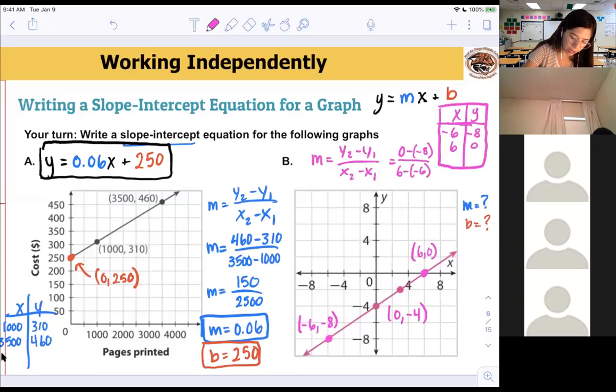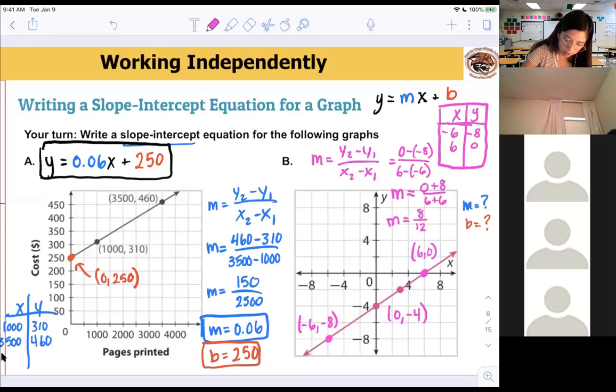So I have 0 plus 8 over 6 plus 6. What's 0 plus 8? 8. 6 plus 6? 12. So I have 8 over 12.